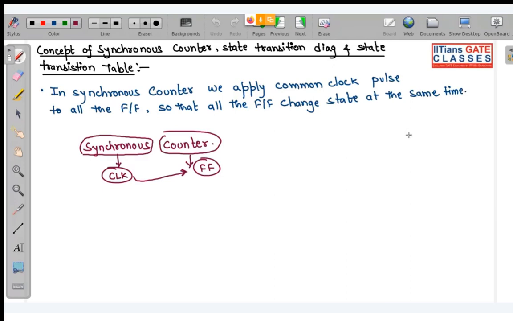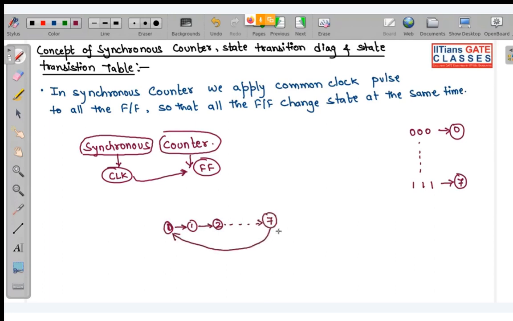Now one thing to remember, suppose we have a 3-bit synchronous counter. It can count from 000 till 111, that is from 0 to 7. The count sequence can be like this: 0, 0 to 1, 1 to 2, 2 to 3 till 7, and then again back from 7 to 0.